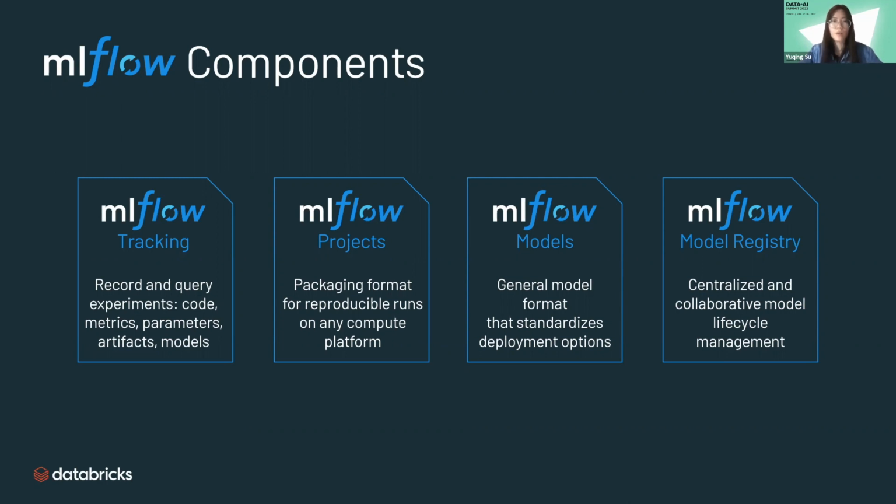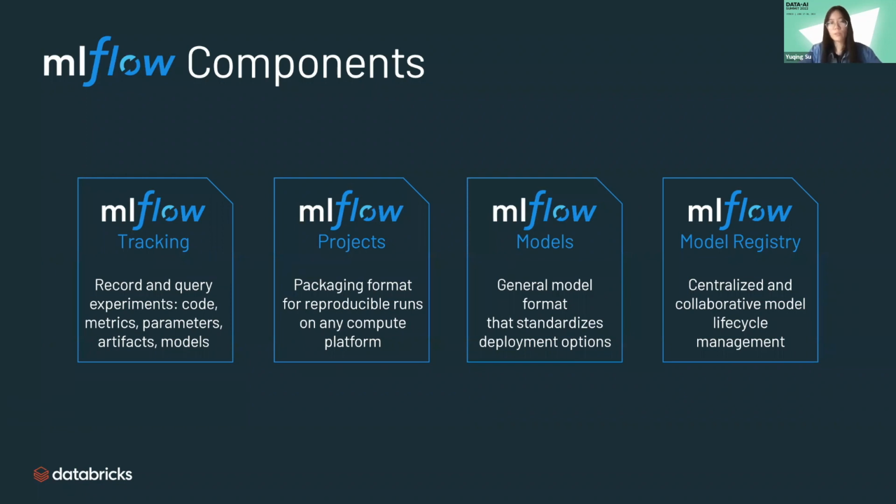For example, any model supporting the Python function or PyFunc flavor can be deployed to a Docker-based REST server or any cloud platform such as Azure Machine Learning or AWS SageMaker. You can also have it as a user-defined function in Spark for either batch or streaming inference.